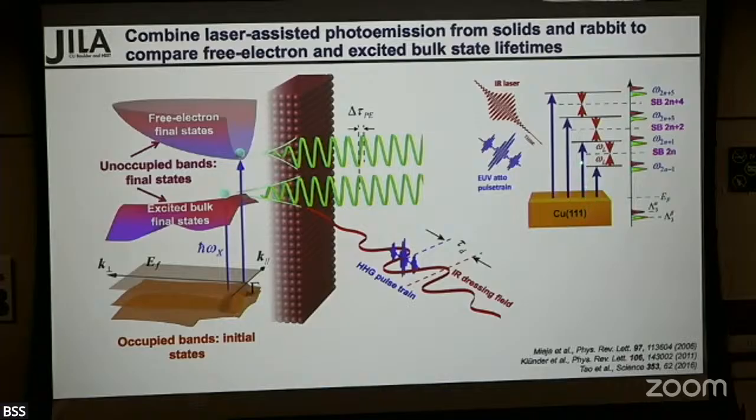Along this pathway, the photoelectron absorbed this EUV harmonic and also absorbed an infrared. And it's like this because harmonics are spaced by two, every odd order, because they're dipole transitions. So each harmonic corresponds to an odd order of infrared photons.